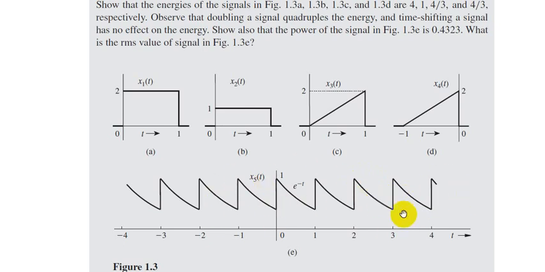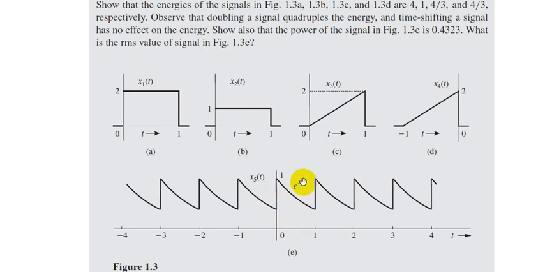These are the functions of this signal. As long as e to the power minus t is periodic, x of t is a periodic function, and the signal is repeating.